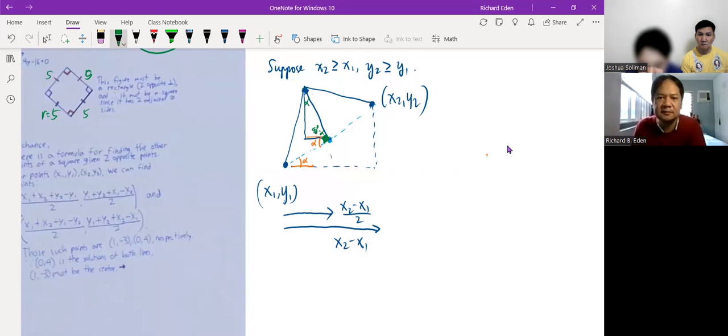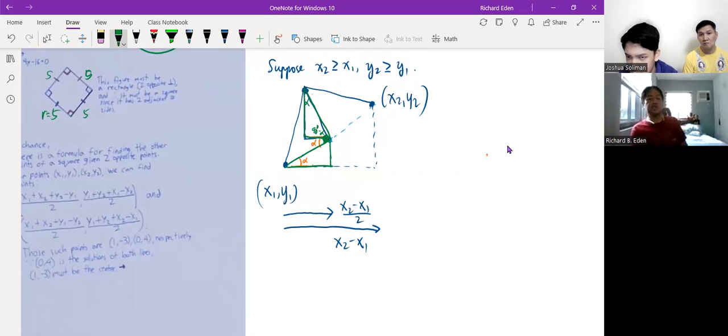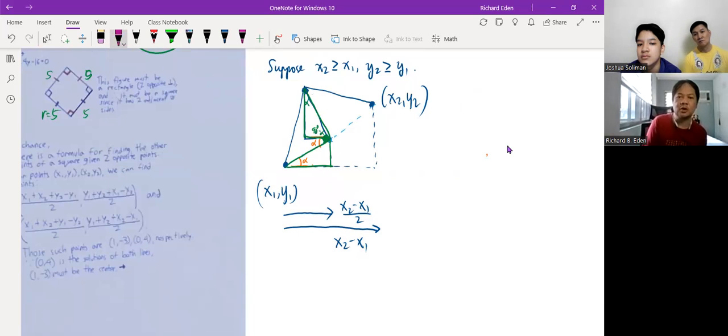Alpha. Okay. Which means, if you now consider itong triangle na to, and this triangle, they're both right triangles, and they share an acute angle alpha, which means they're similar to each other. However, not only are they similar, they are congruent kasi itong hypotenuses nila the same.